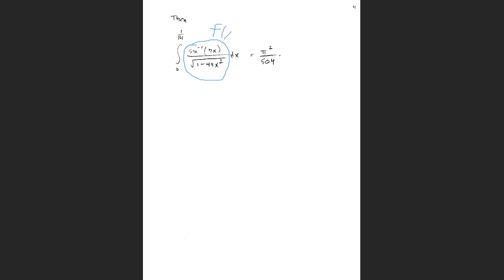If you were to graph that function from x equals 0 to x equals 1/14th, and evaluate the area between that function and the x-axis, you would get pi squared over 504. Obviously a very small area. Okay, you're welcome.